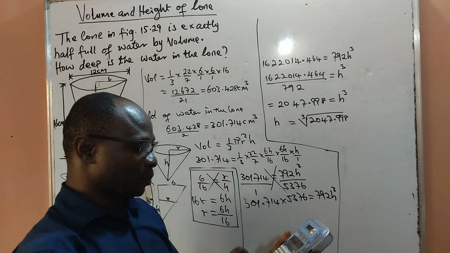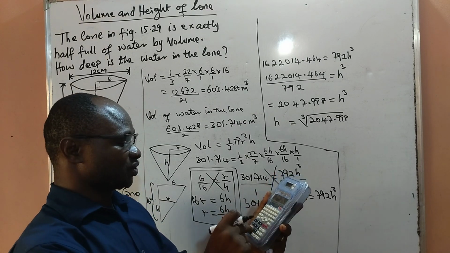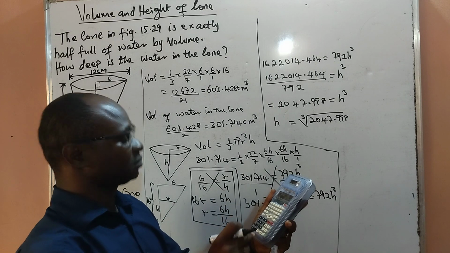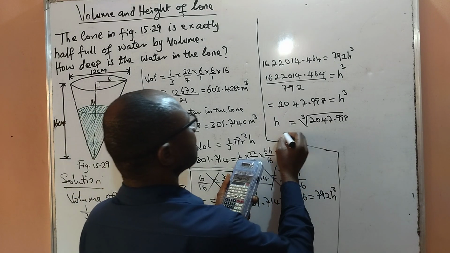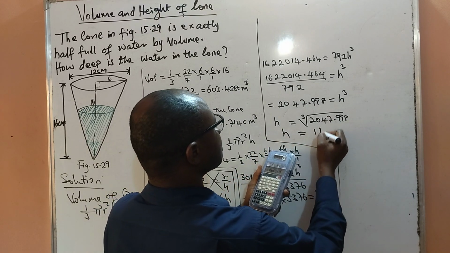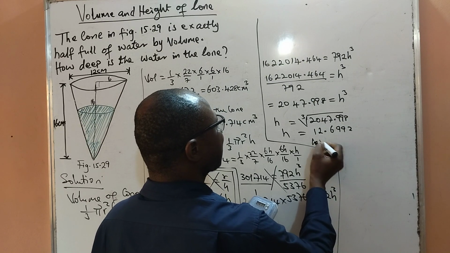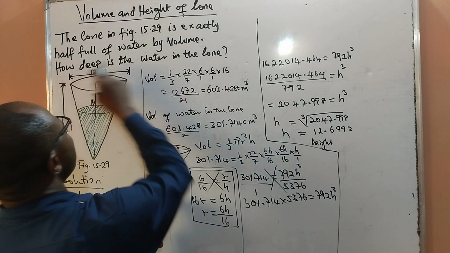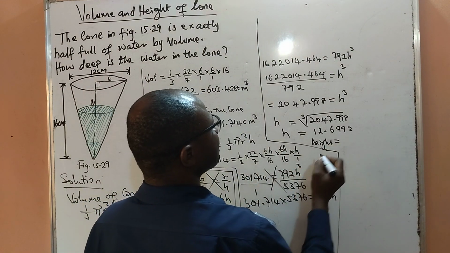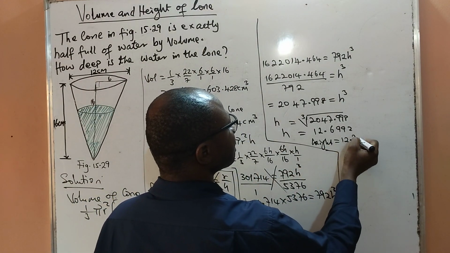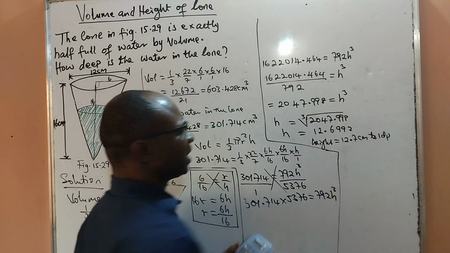Alright, the cube root of 2047.998 is going to be equal to h equal to 12.6992, which means that the height, the depth of water in the cone will now be written as 12.7 cm to 1 decimal place.